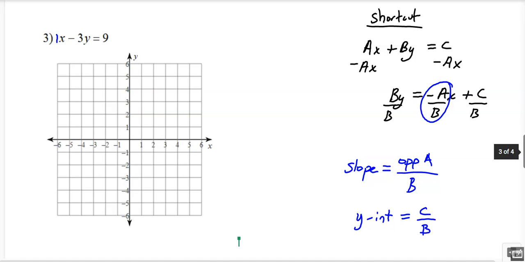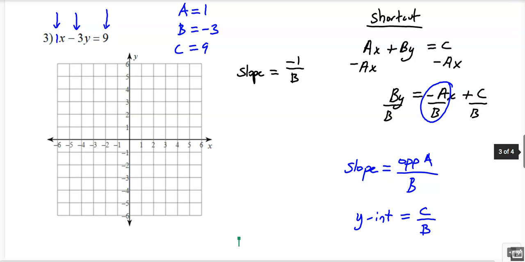So using that fact here, when I look at this equation setup, it looks like our a is 1, our b is negative 3, and our c is 9. So once you get good at this, you can use the shortcut and say, all right, the slope is just opposite of a over b.